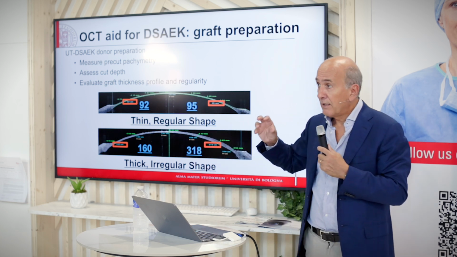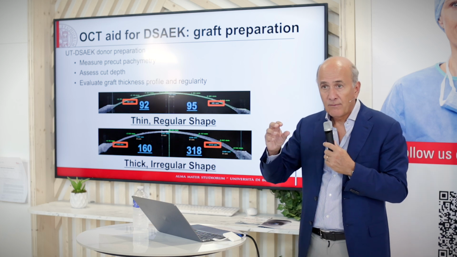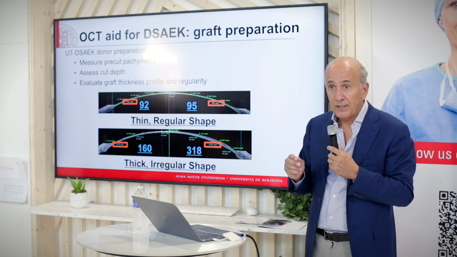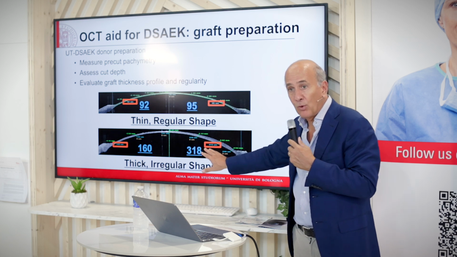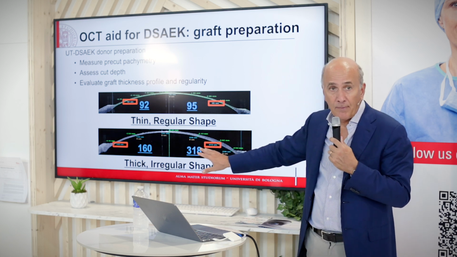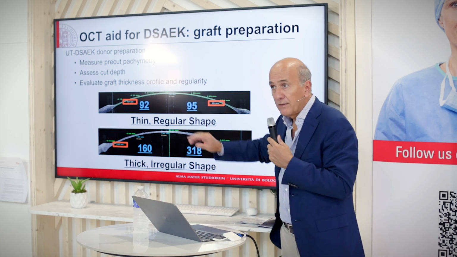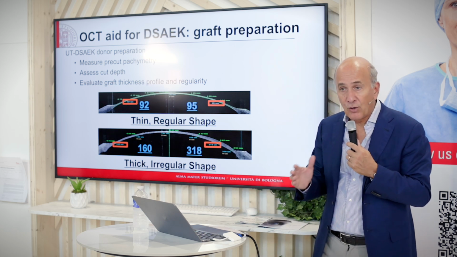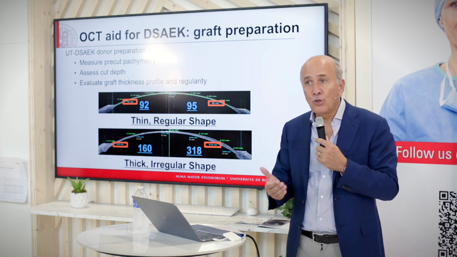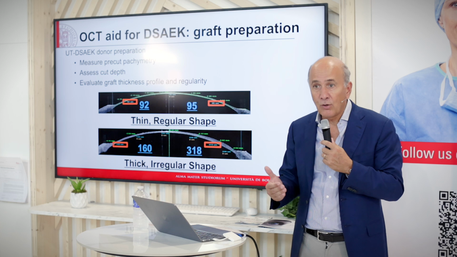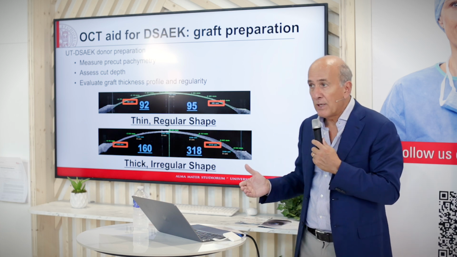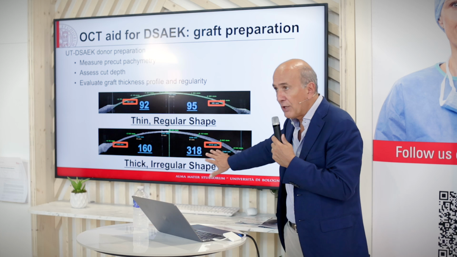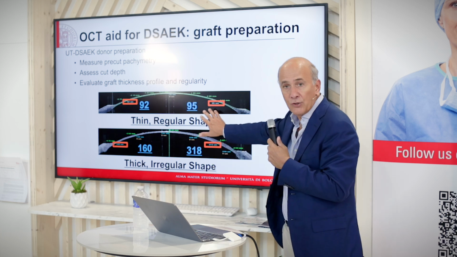So it's like a kind of a wedge shape, okay? And this probably is not compatible with a good visual outcome, whereas this one is very compatible for a good visual outcome. But how do you know when you cut your donor, if you do cut your donors in the operating room, whether you have achieved this situation or this situation?